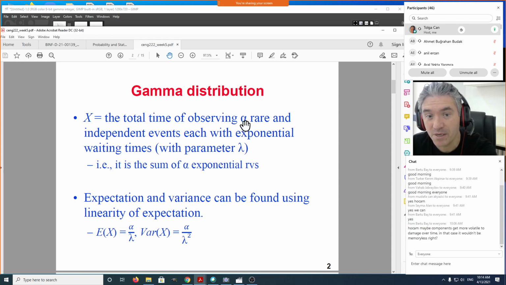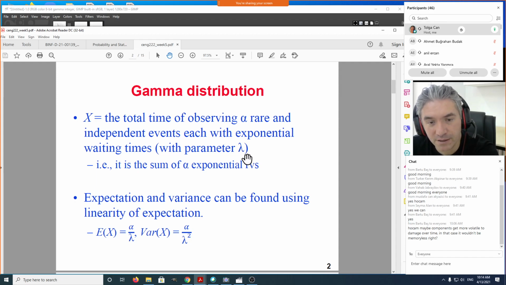Your waiting time to get on the bus, since you have to wait for 9 buses and get on the 10th one, so alpha becomes 10 with lambda again equal to 5 here. 5 buses on the average in an hour doesn't change. So alpha and lambda are independent parameters.